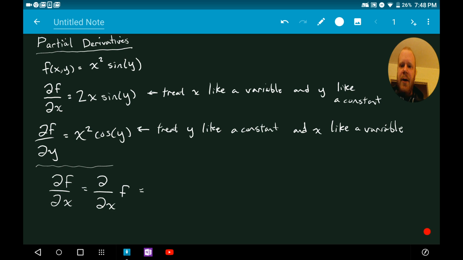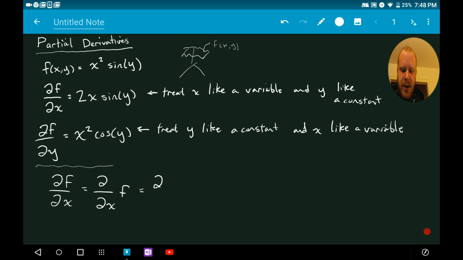A third way that we can even think about this is, remember, commonly we can write f of x, y is equal to z. So we've got some function, and we set that equal to z when we want to graph it. Right, so there's our surface, and we plot that on the z-axis.